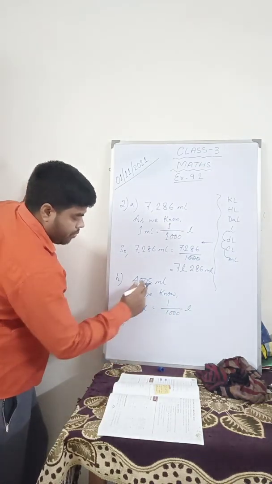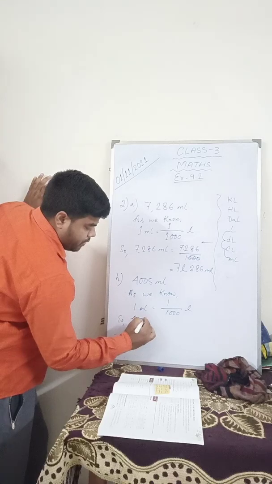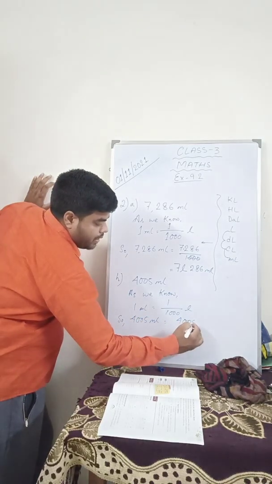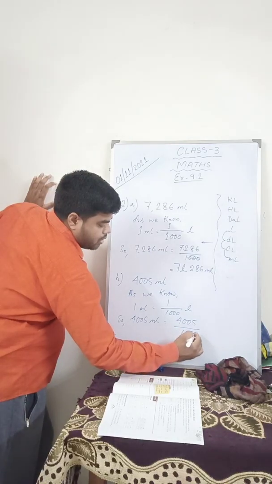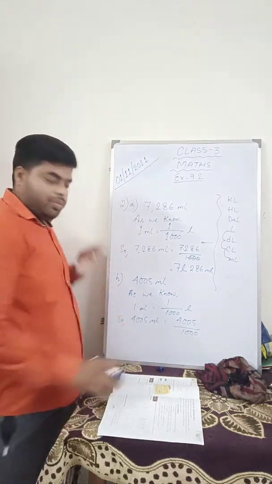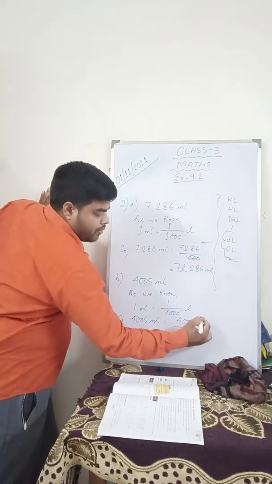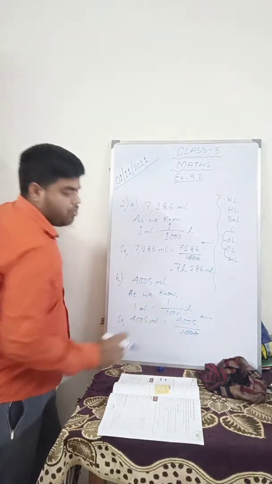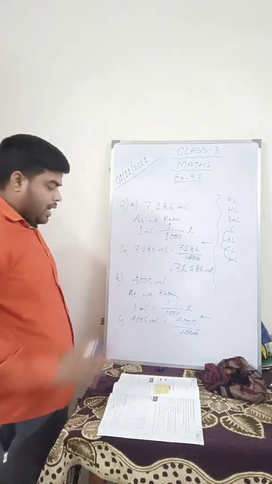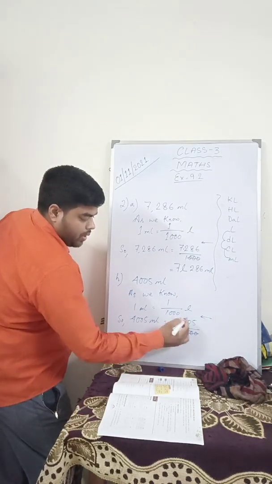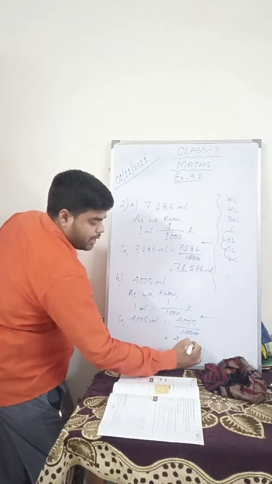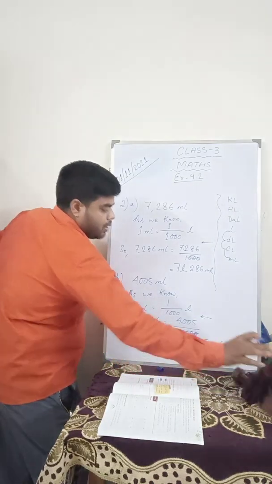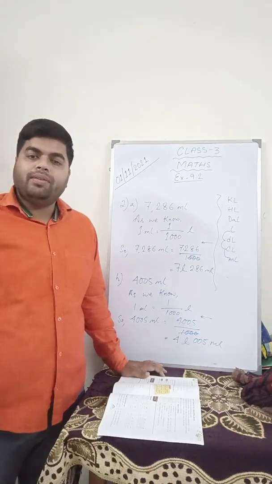So 4005 milliliter is equal to 4005 divided by 1000. Again you count the number of zeros, 1, 2, 3 and cancel, and from the right hand side count 1, 2, 3, 3 digits you count and then put one dot or decimal. After that, whatever is before the decimal is 4 liter and here 005 milliliter. So 4 liter and 5 milliliter.